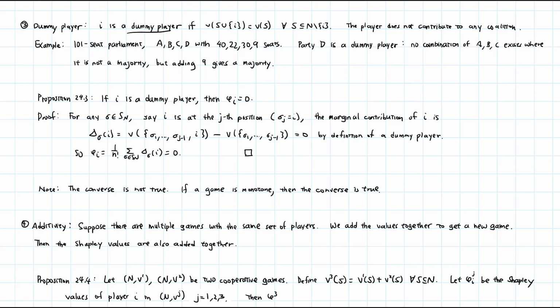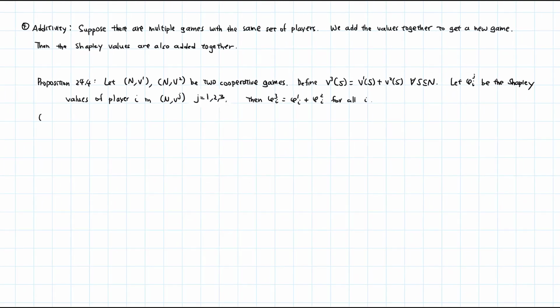Then, the Shapley value of player i in the third game is equal to the sum of the Shapley values of player i in the first game and the second game for each i. We will leave the proof of this as an exercise.